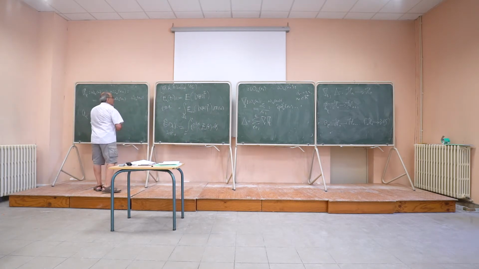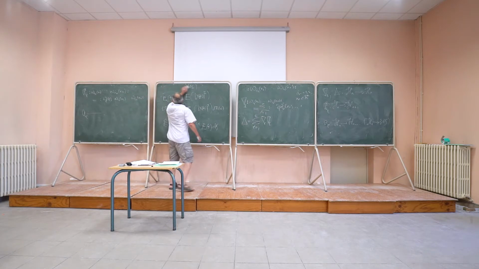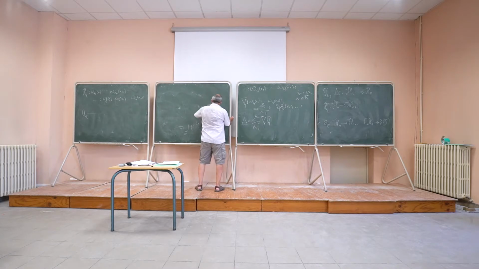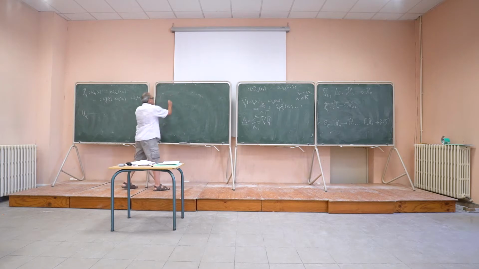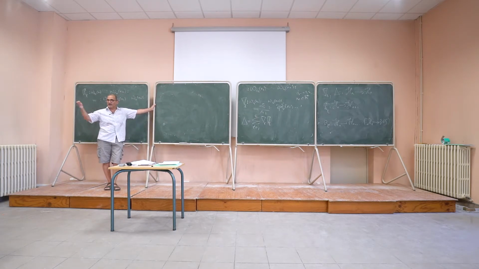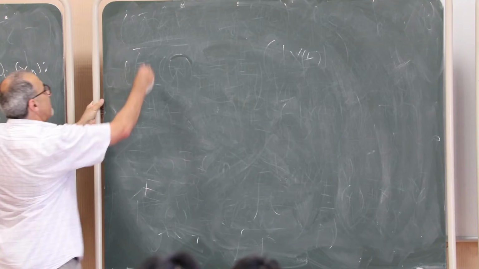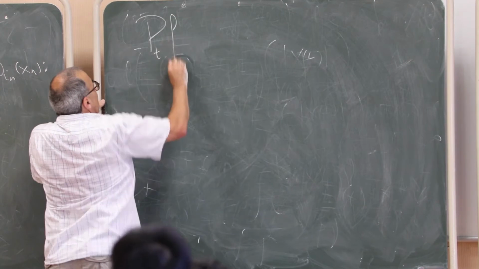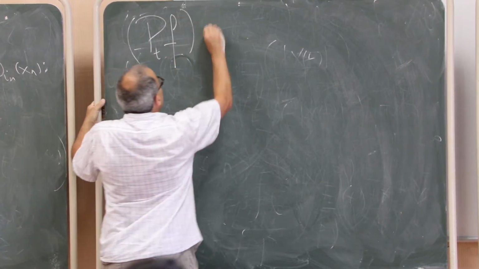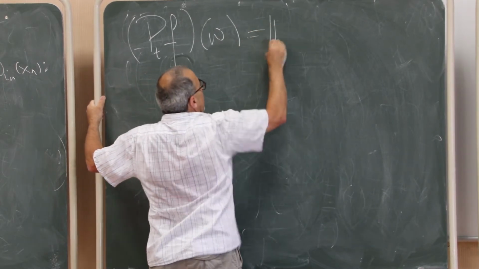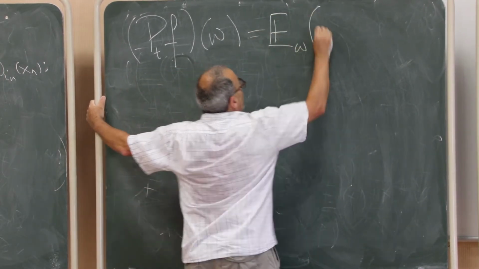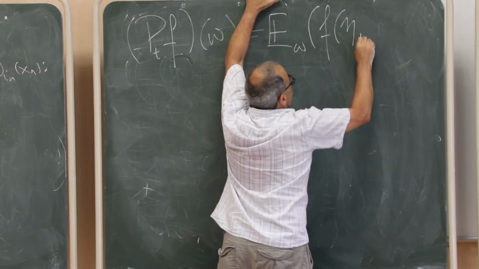What I'm going to do now is to speak about the infinitesimal generator. So I have the process eta_t, which is the environment as seen by the random walker, right? Define the semigroup P_t f of omega as E_omega f(eta_t).